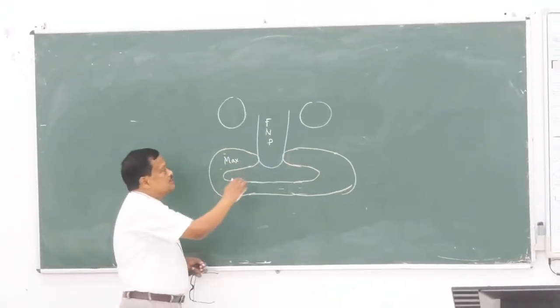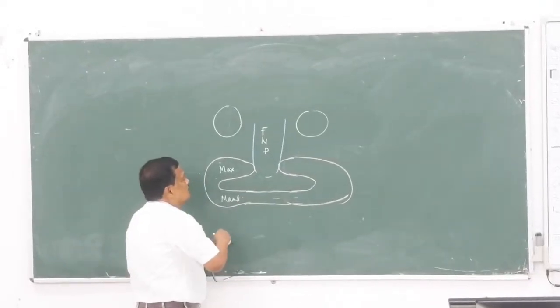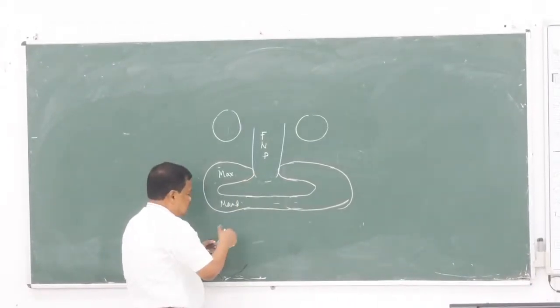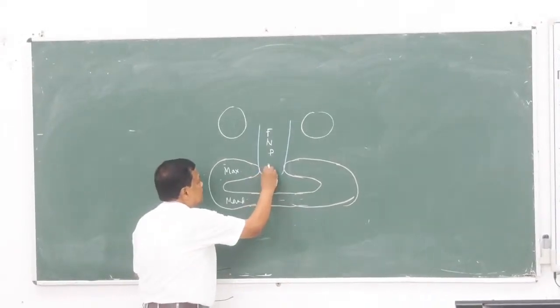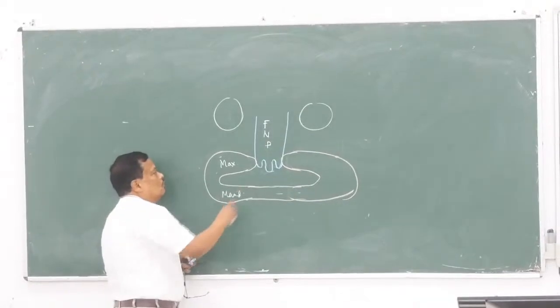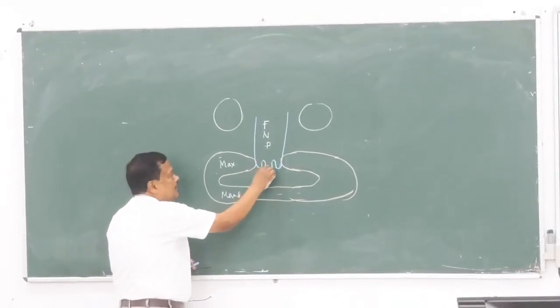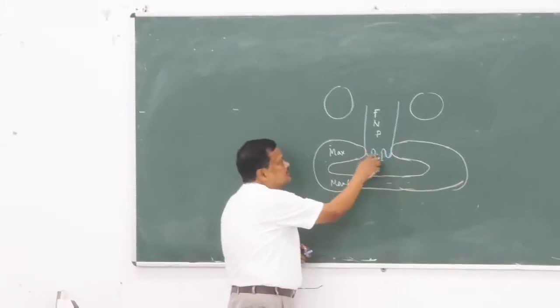And this frontonasal process again has a depression and elevation, so it has three sub-processes. One median nasal process, nasal means nose, and a lateral nasal process.